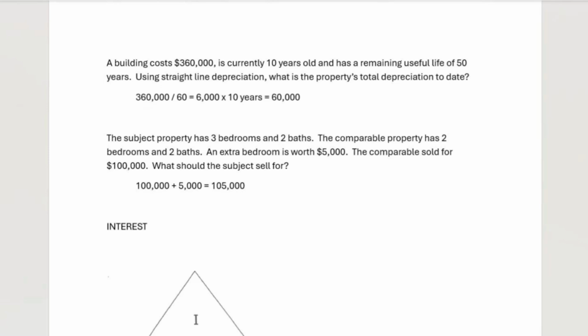So 360,000 divided by 60 years, its total useful life, will give you $6,000 a year. And the property is already 10 years old, so its total depreciation to date would be that $6,000 a year times the 10 years, which would be $60,000.